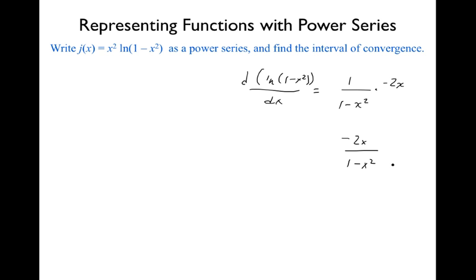So if I found the power series for that, a over 1 minus r, what am I going to do to that power series to get something like j? I would need antiderivative, right? So we'll start with this. We'll call it, who knows, z of x. I'm going to start with negative 2x over 1 minus x squared.